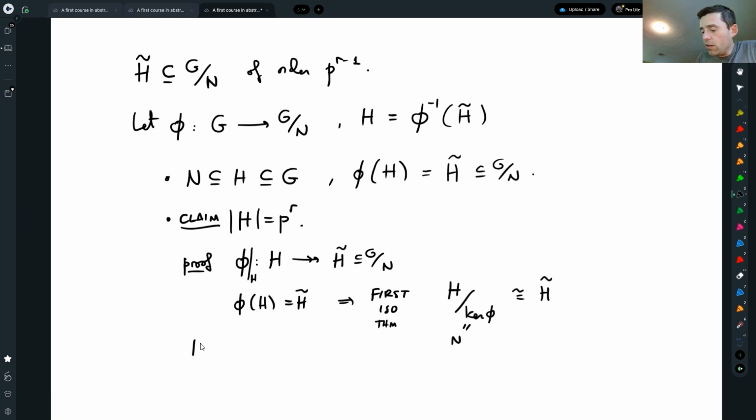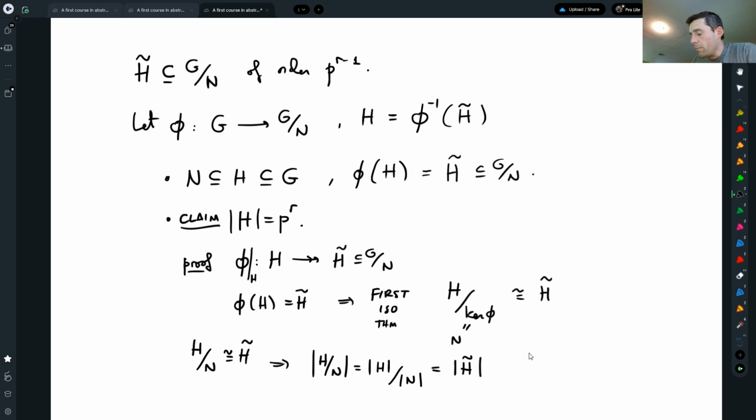So we have that H modulo N is isomorphic to H tilde, and therefore, since we know what the size of a quotient is, the size of H divided by the size of N is equal to the size of H tilde, which is p to the r minus 1.